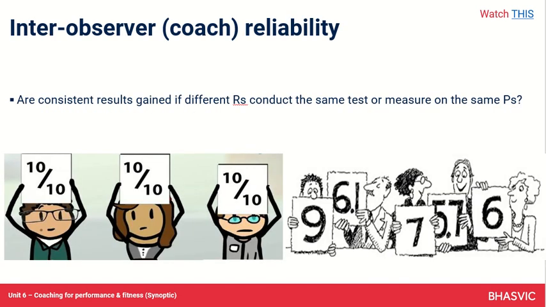Now the trouble with subjective analysis, observational analysis, is it does vary from person to person. So if I had to judge you and grade you on your skill or quality of your passing, your shooting, your intercepting, dodging, whatever it was, and somebody else had to do the same, a different observer or coach in this context, because it's subjective, we are vulnerable to giving different scores, and we would describe that observational analysis as having low inter-observer reliability.